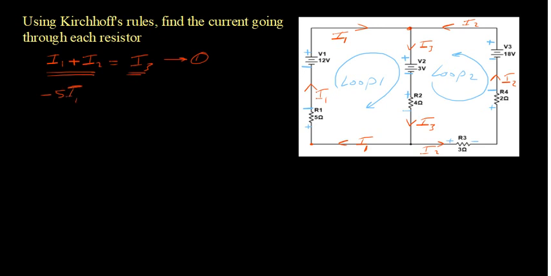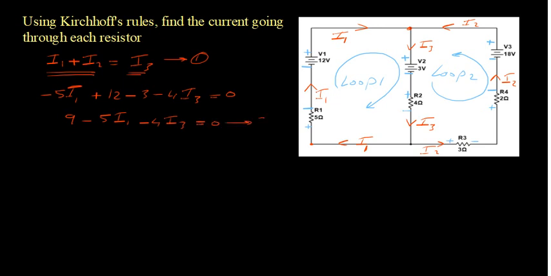Going through the first battery, that will give me positive 12, and minus, when I go through the second battery, I will have minus 3, and I'm going through resistor 2 with the current 3, that will give me minus 4 multiplied by the third current, and that's my loop closed. I just want to reorganize it again. So 12 minus 3, that will give me 9, minus 5 I1 minus 4 I3, and that will equal 0.